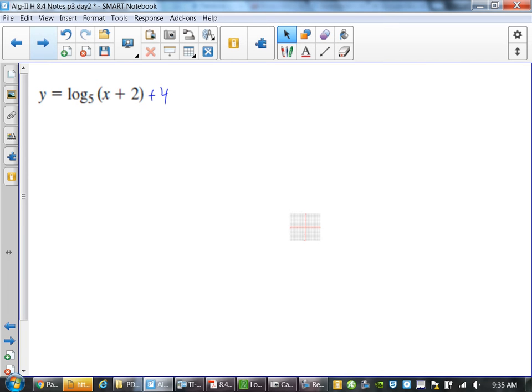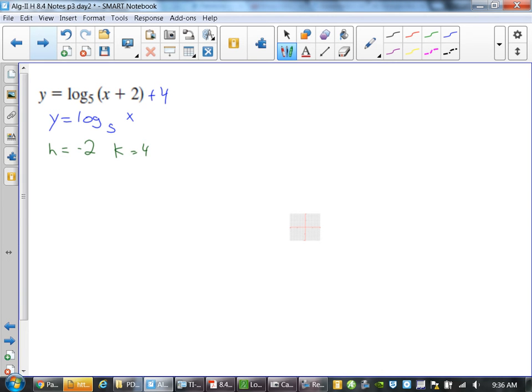So if I go log base 5 of x plus 2, all plus 4, I figured I should put an h and a k. That means my parent function would be y equals log base 5 of x. I have an h value of negative 2, and a k value of 4.